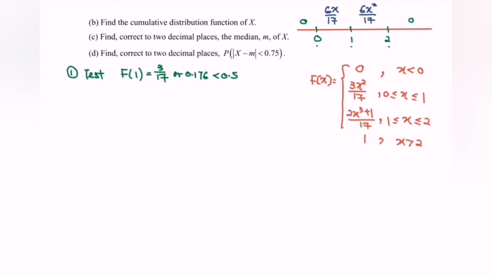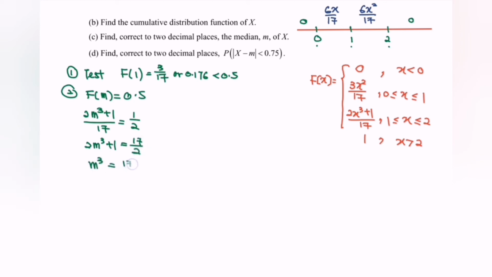Next, F(m) equals 0.5. So kindly substitute into the third function, where we have 2m cubed plus 1 over 17 equals 1 over 2. Rearrange the situation. So we will have 2m cubed plus 1 equals 17 over 2. m cubed equals 17 over 2 minus 1 over 2.